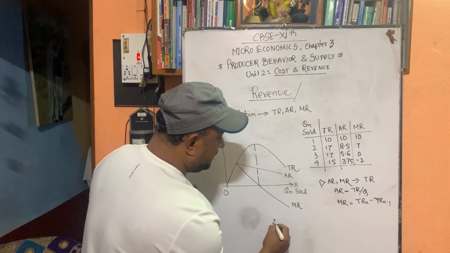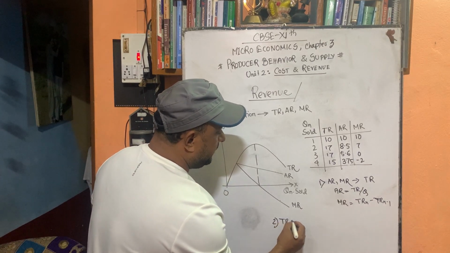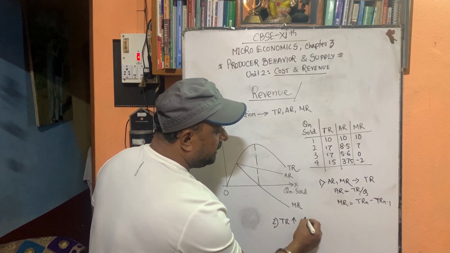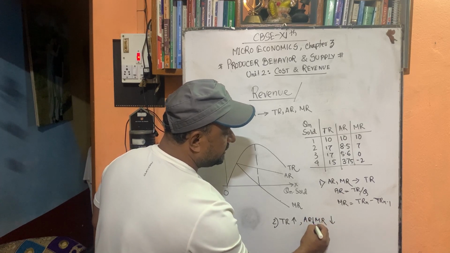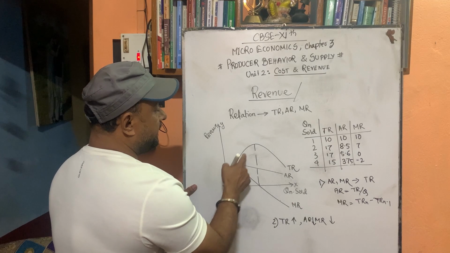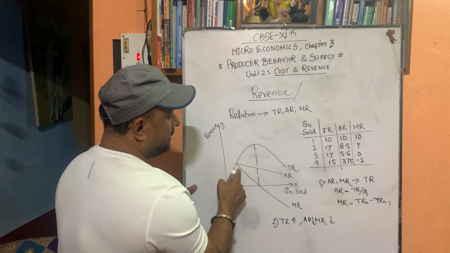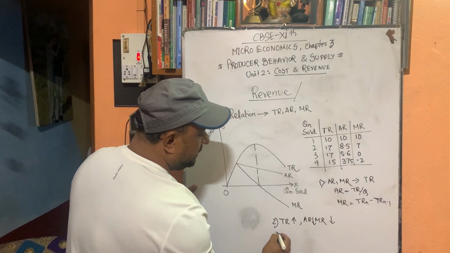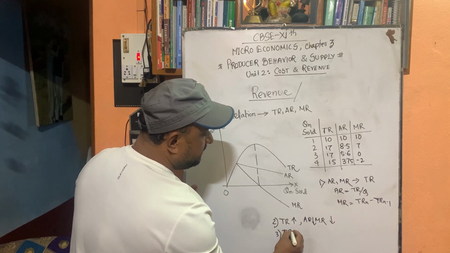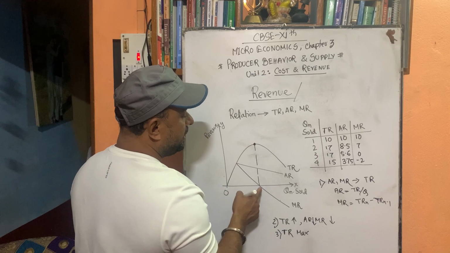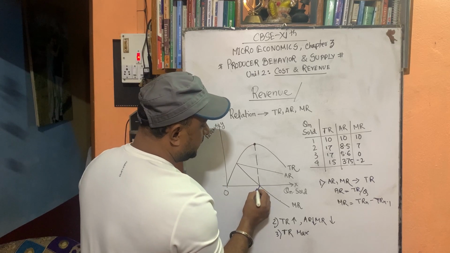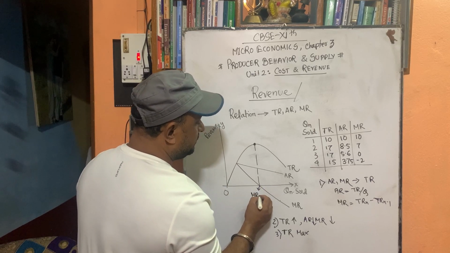Second relation: when TR increases continuously, average revenue and marginal revenue both decrease. See here, TR rises, average is also decreasing, marginal also decreasing. When TR is maximum, marginal is what? 0.